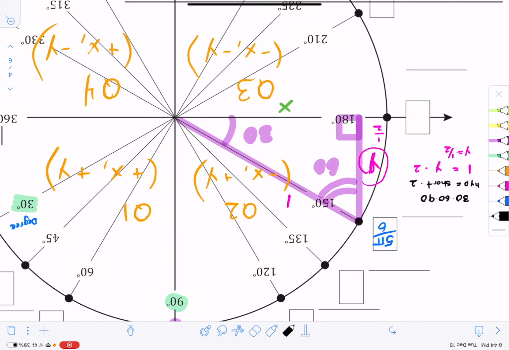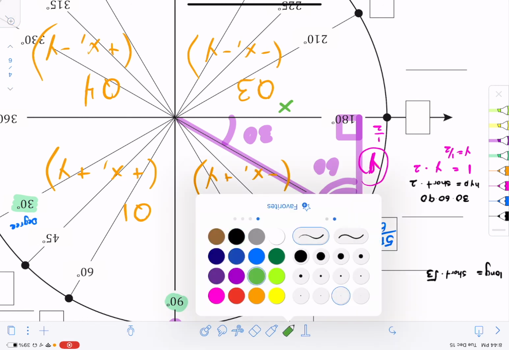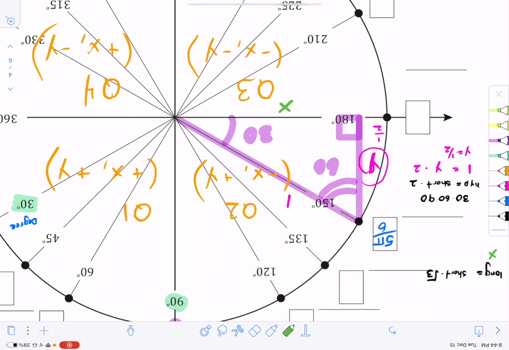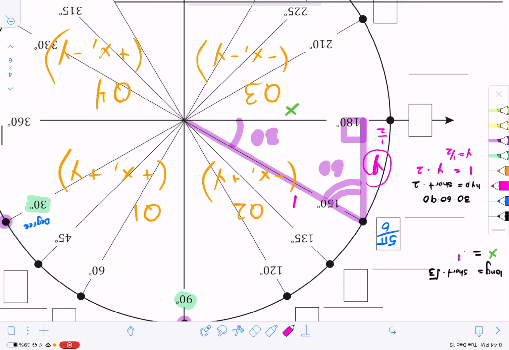And recall that the long leg formula is equivalent to the short leg, which we just found, times the square root of 3. So x is equal to the short leg, 1/2, times the square root of 3. x is equal to the square root of 3 over 2.